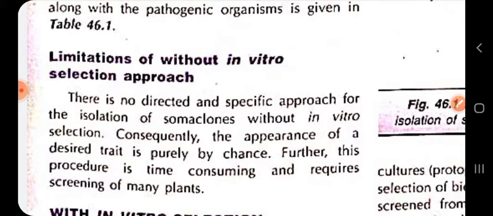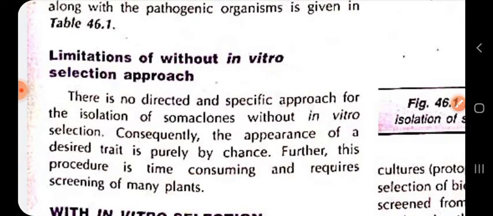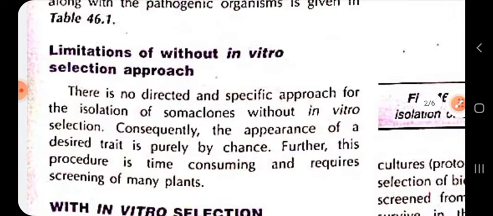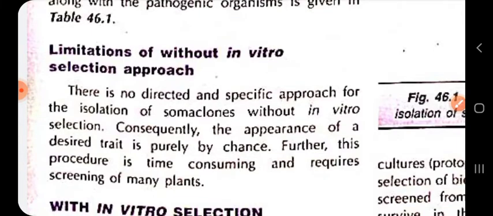Suppose there is excessive salt in a particular field, so we have to regenerate plants which can tolerate the salt. With in vitro selection, as we will see later on, we add the salt as an inhibitor, at a certain concentration obviously, to check which plants are becoming resistant to that salt.